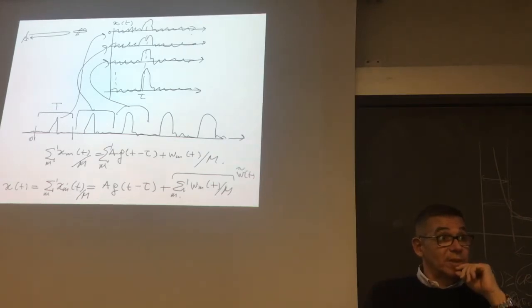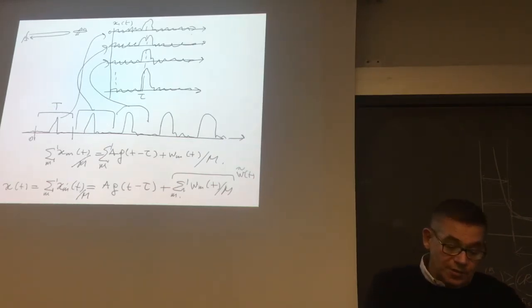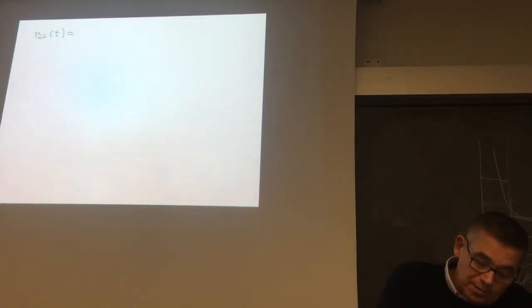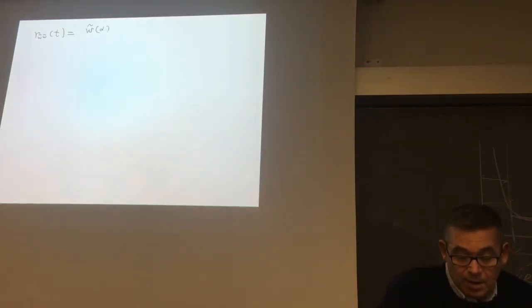This is continuous time, so I use the definition of the correlation, R of w tilde, with tau being t. By definition, it is the integral in alpha of w tilde of alpha times w tilde of alpha plus t.